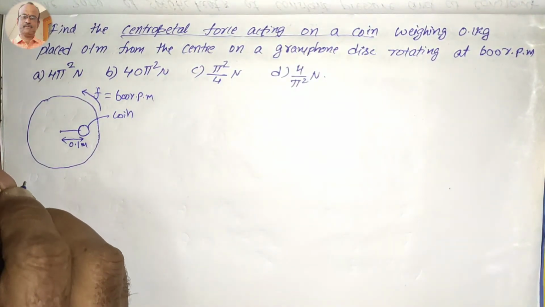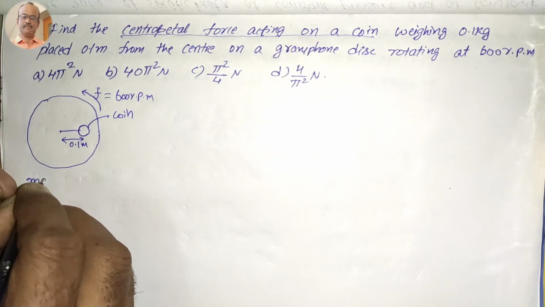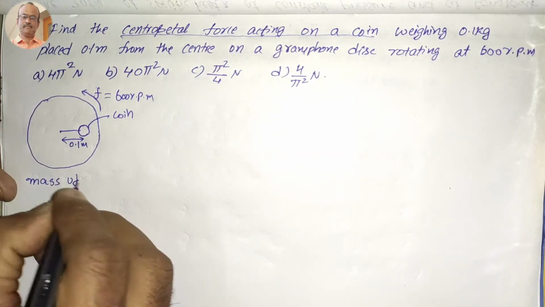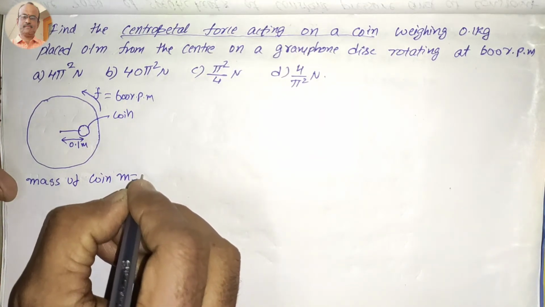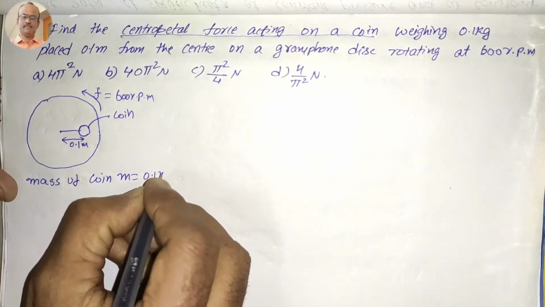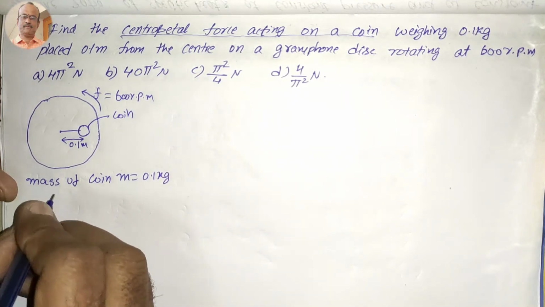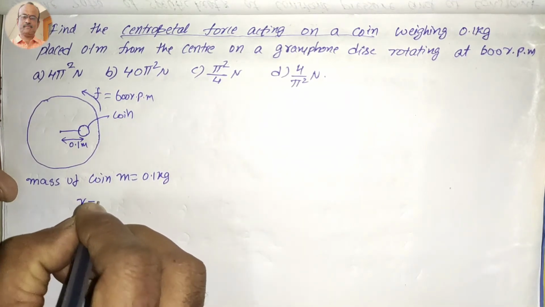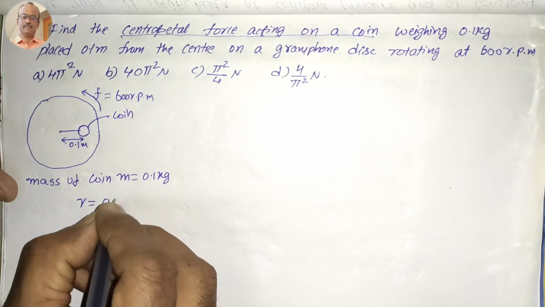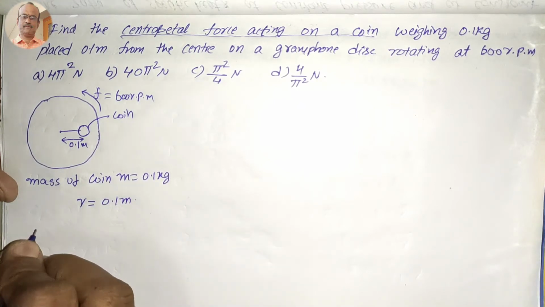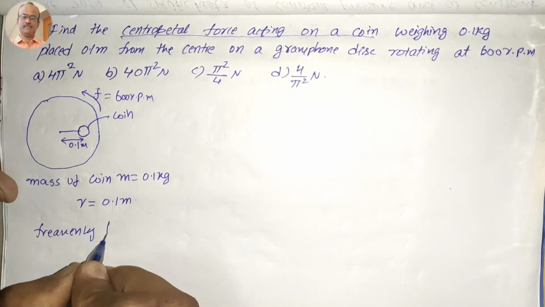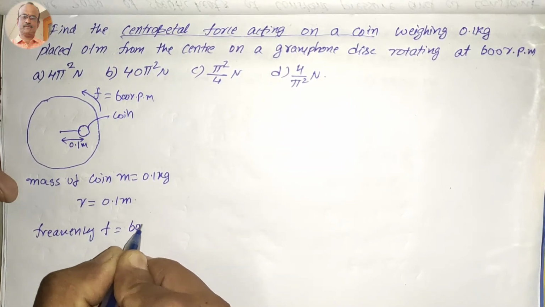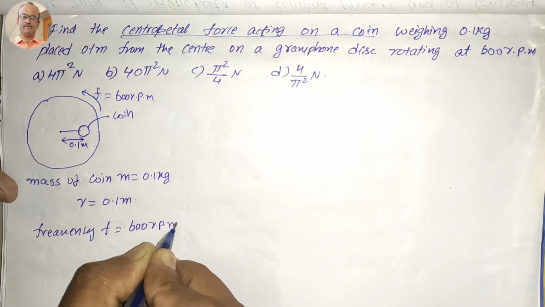First of all, the mass of the coin is given, m is equal to 0.1 kilogram, and the radius r is equal to 0.1 meters, and the frequency f is equal to 600 rotations per minute.